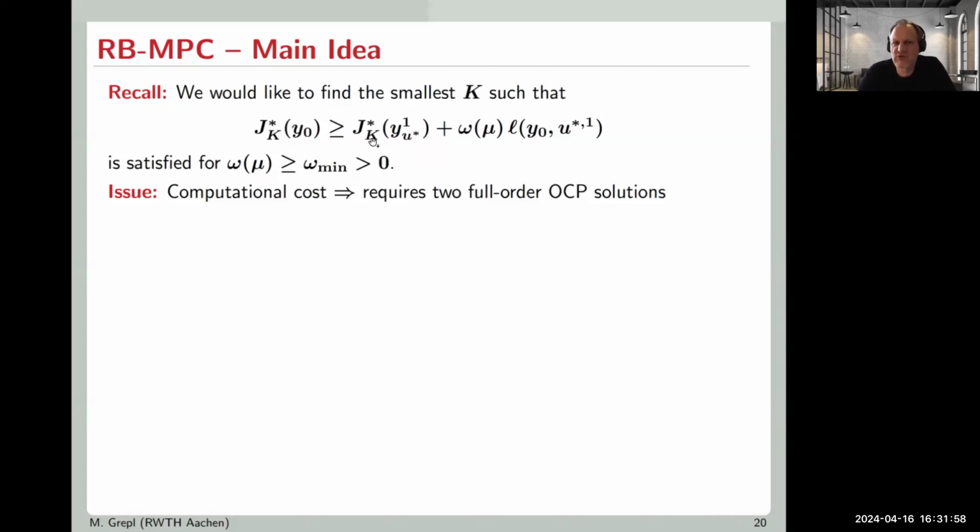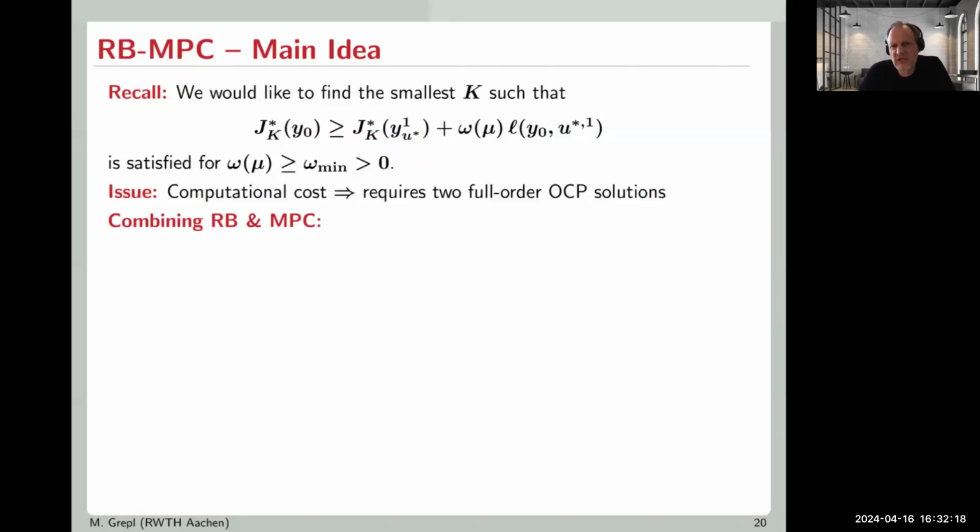And we just saw if we increase k, then as k goes to infinity, omega will tend to 1. But of course, we would like to, at the same time, keep k as small as possible, because the computational cost is important. And again, this requires 2 full order OCP solutions.